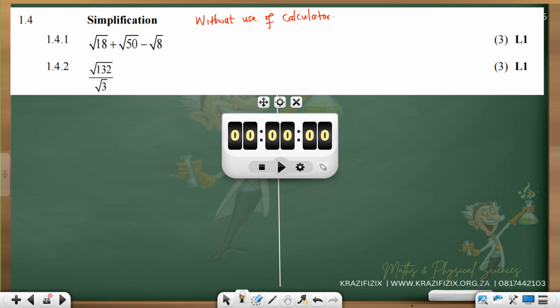Were you guys able to finish? We're just marking now, so we're going to increase the pace.